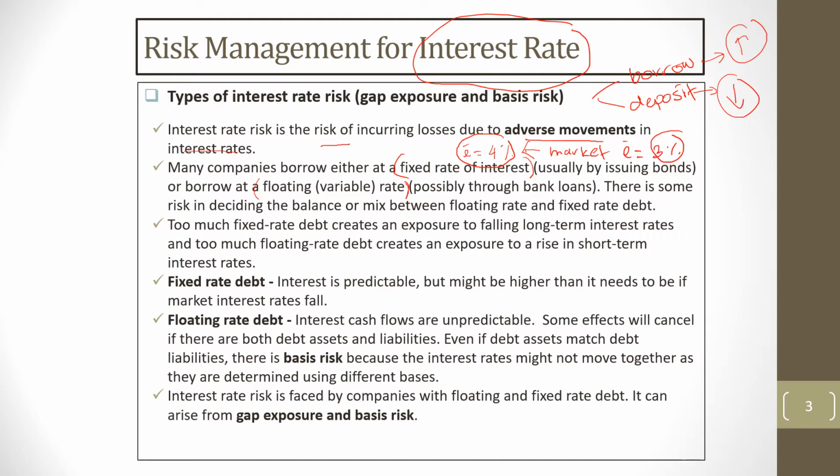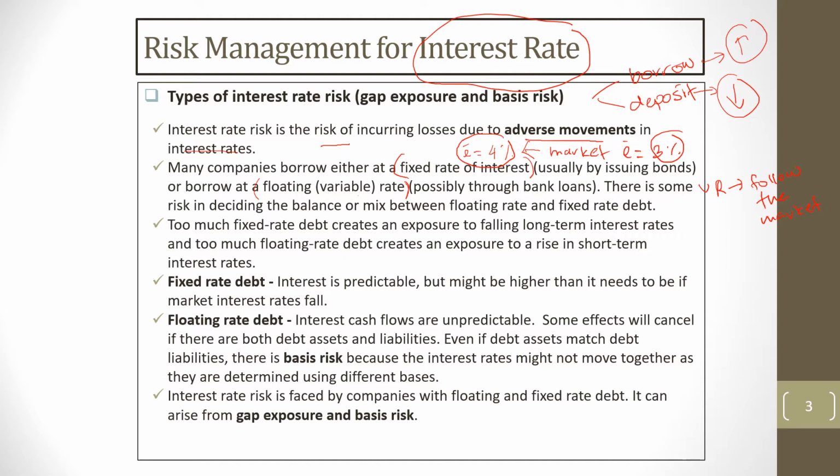Kalau floating ataupun variable rate, variable rate ni dia follow the market. So it means that kalau market 3%, so dia 3%. Kalau the market 4.9%, so for floating rate dia lebih ikut kepada market.